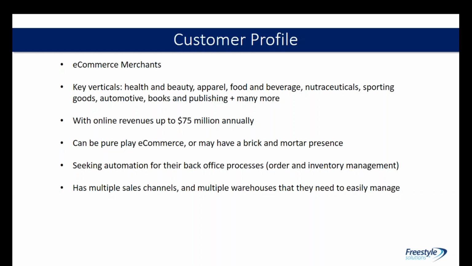But order and inventory are the prime areas we would be looking at. They're selling on multiple sales channels, and they may also have multiple warehouses that they need to easily manage. Rather than doing it all manually themselves, they want a system that can help automate some of it, as well as make it easier to get a true view across all of their selling channels and all the locations they may have.